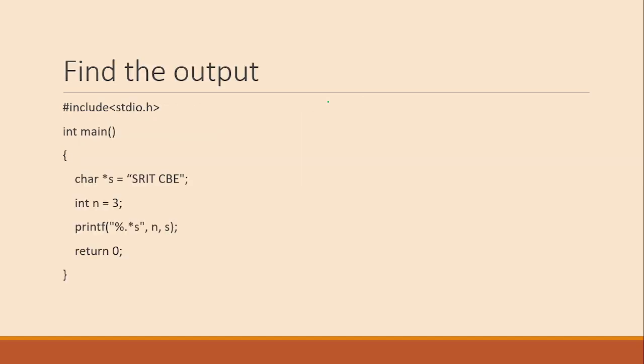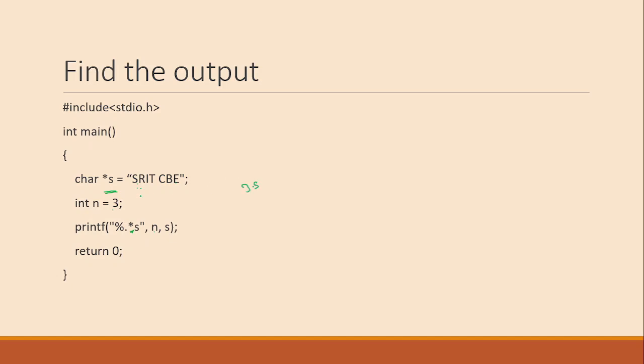Now find the output here. I have used a percent star here, and I put a string for this, SRITCBE. When n is equal to 3, I have used a star here. This star is called a replacement operator. n is substituted in this place. That means it is equivalent to .3s.